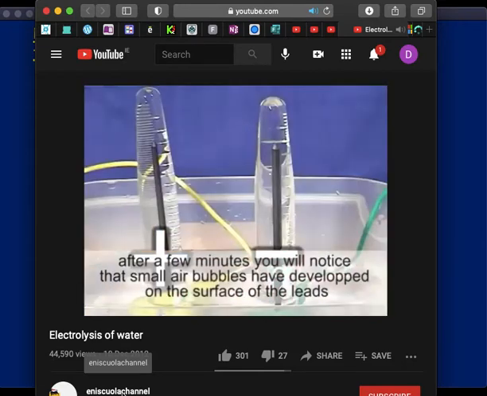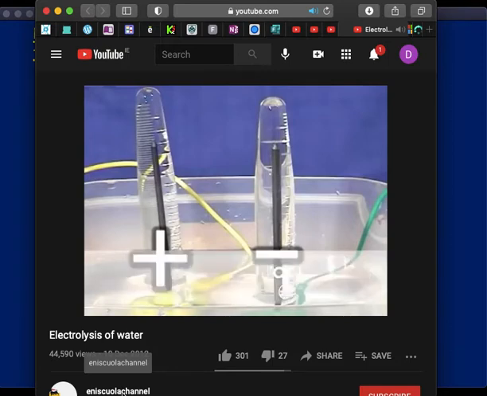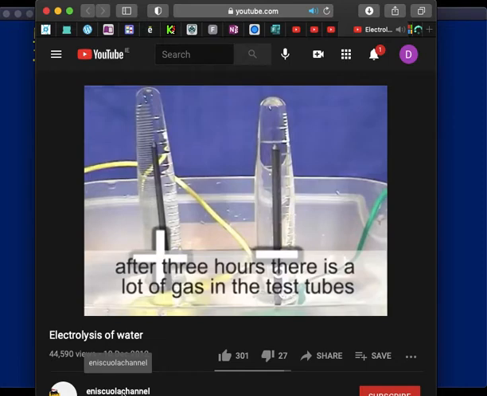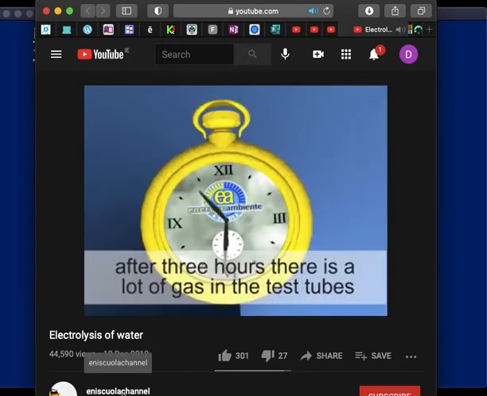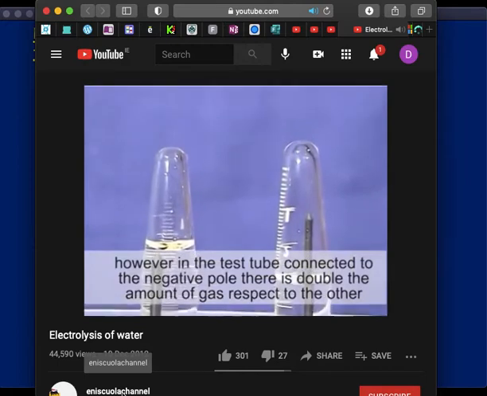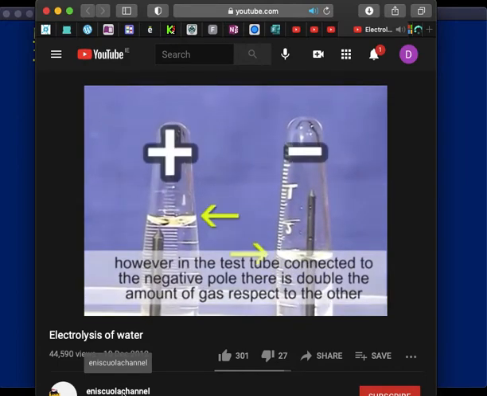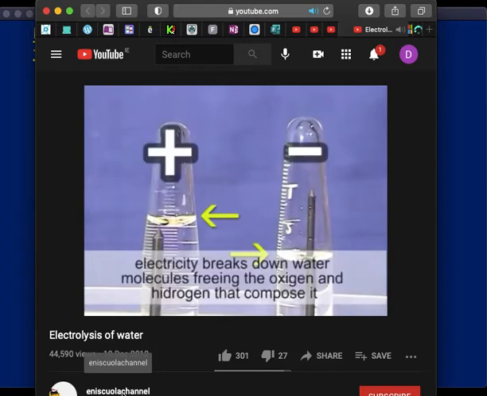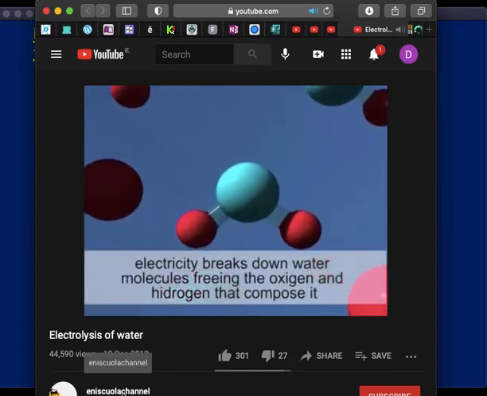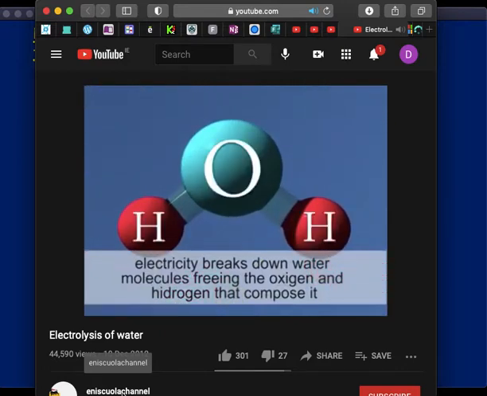After a few minutes, you will notice that small air bubbles have developed on the surface of the leads. After 3 hours, there is a lot of gas in the test tubes. However, in the test tube connected to the negative pole, there is double the amount of gas with respect to the other. Why? Electricity breaks down water molecules, freeing the oxygen and the hydrogen that compose it.